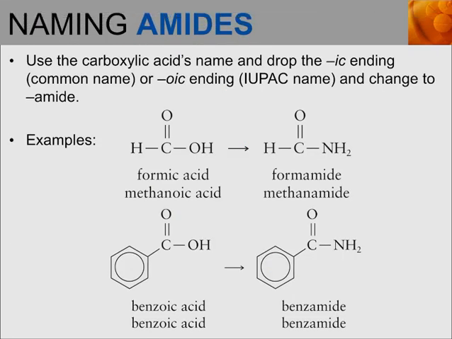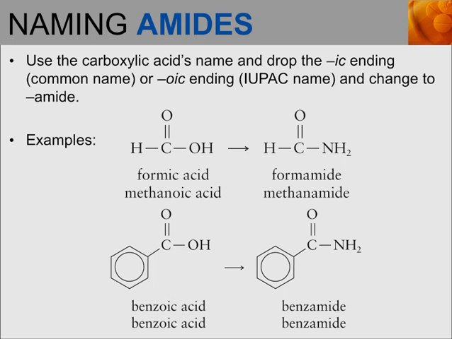Now let's move on to amides. So with amides, we're actually going to base the name off of what would be the carboxylic acid name. And then we're going to drop the ic ending for the carboxylic acid, or the oic ending, depending on which method you're using, and we're just going to change that to amide.